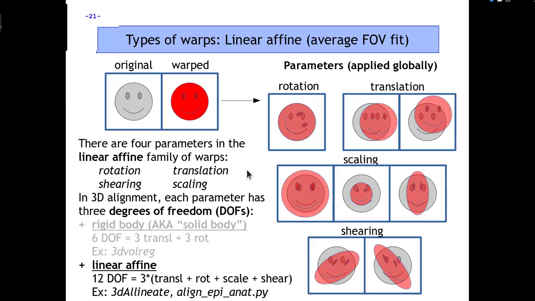The next family of parameters with more degrees of freedom are what are called linear affine. So they still allow for rotational and translational differences, but now we allow the data sets to be scaled differently. So either in all directions bigger, all directions smaller, or smaller and bigger in any kind of combination like this.